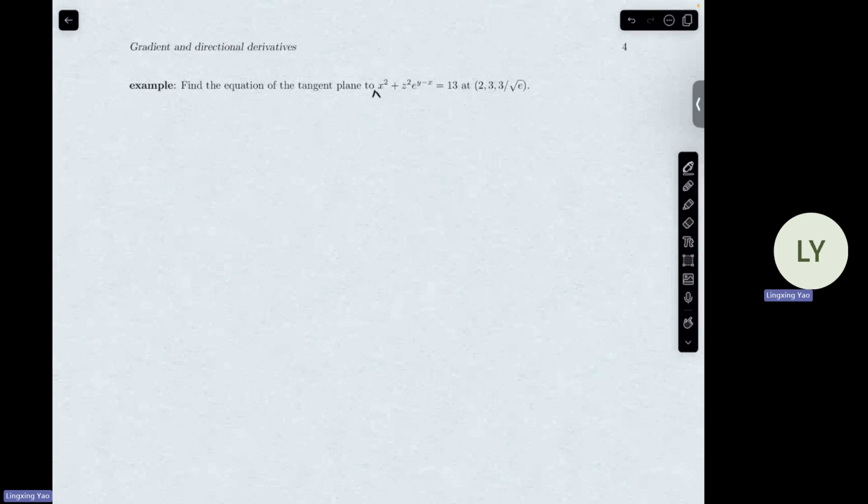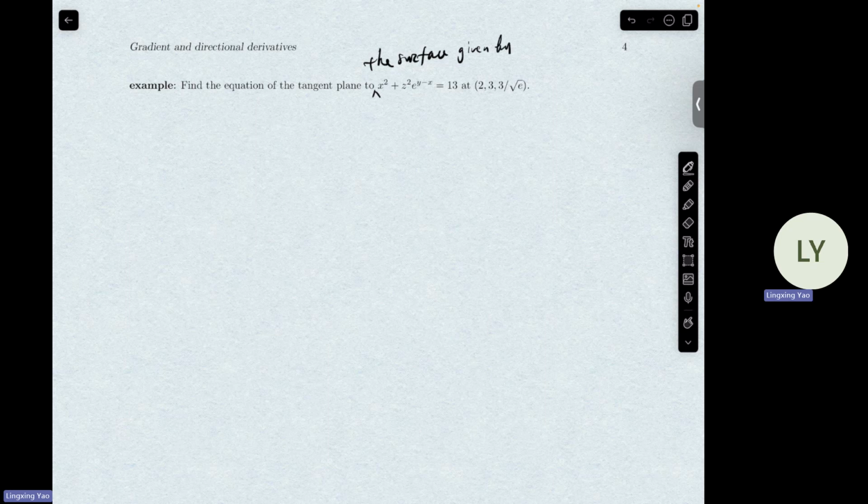So first of all, we want to find the equation of the tangent plane to the surface given by this equation below, at the point 2, 3, 3 over square root.